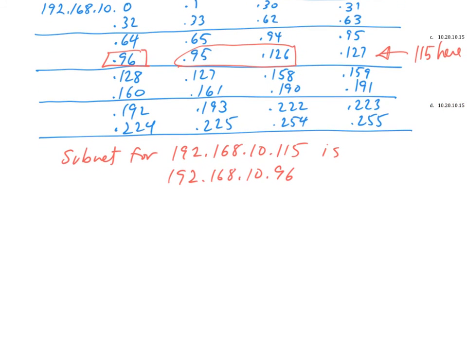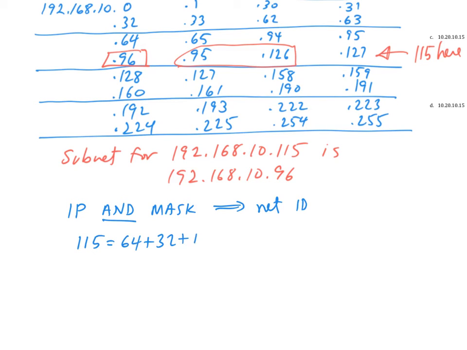Another way of looking at this same thing is to simply take an AND on the binary. Take the IP address and AND it bitwise with the subnet mask, and it's going to give you the network ID. Let's do that real quick. 115 is 64 plus 32, which is 96.